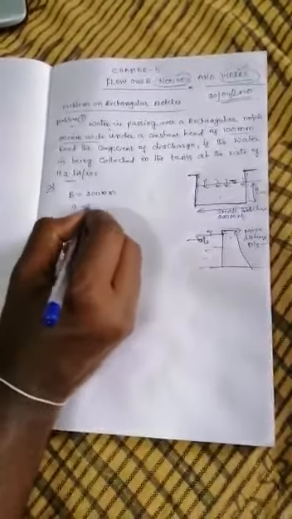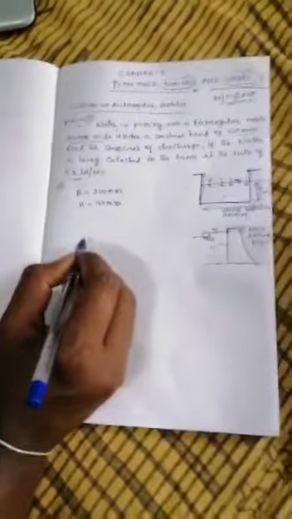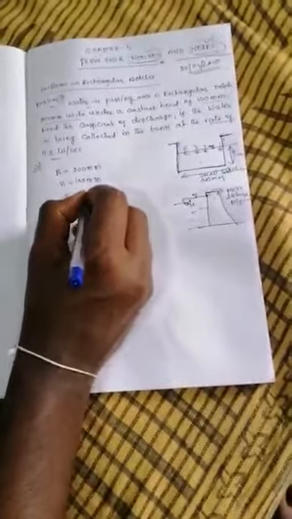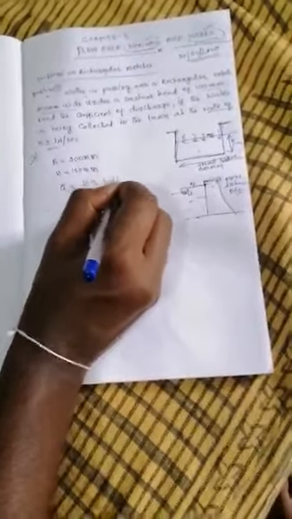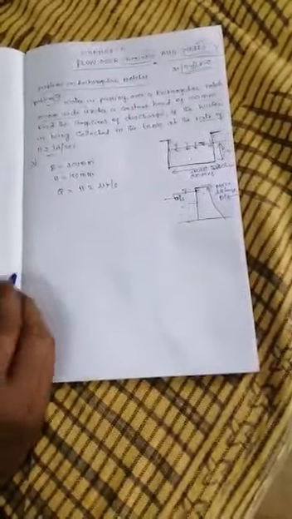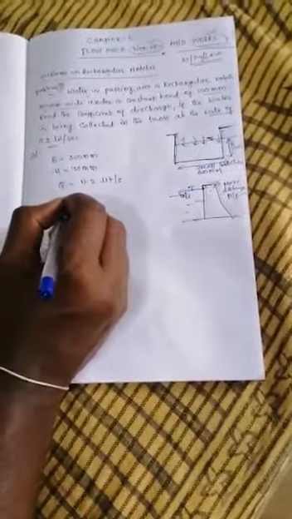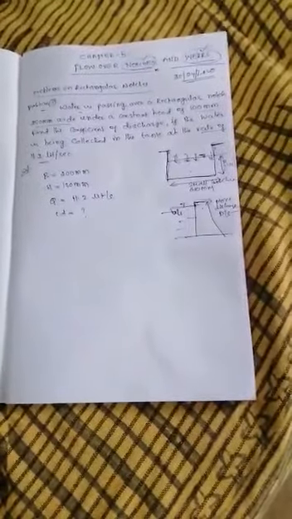He has also given the discharge, means rate of flow, Q is equal to 11.2 liters per second. He asked CD is equal to how much, the coefficient of discharge.